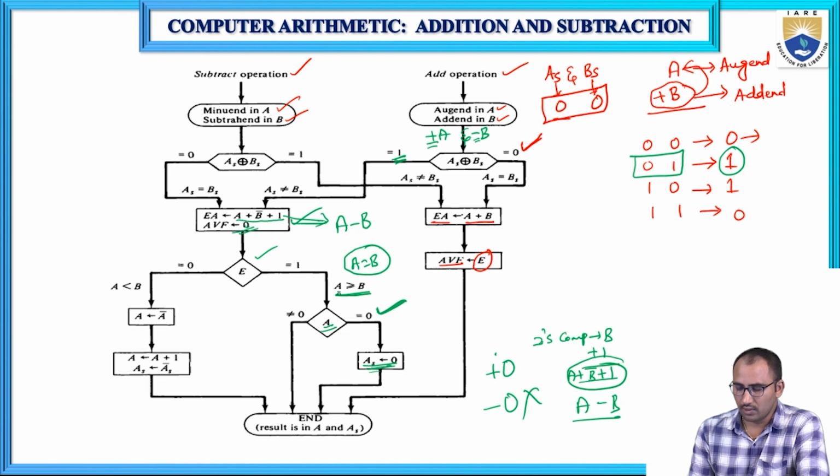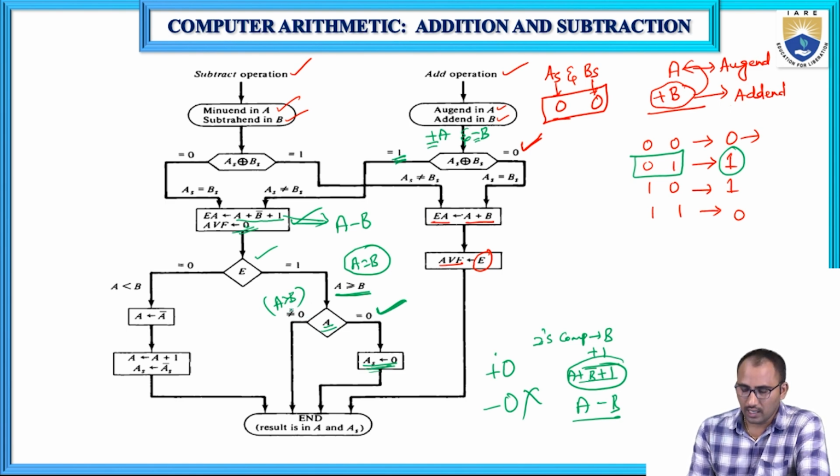Okay. Next, we have seen 2 cases here: A greater than B, A equal to B. So A equal to B we have seen. So this is A greater than B. So when A is greater than B, the accumulator result will not contain 0.